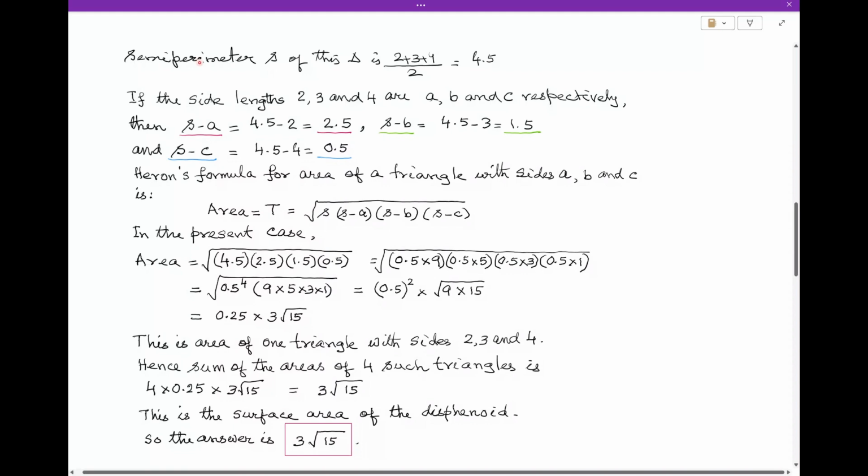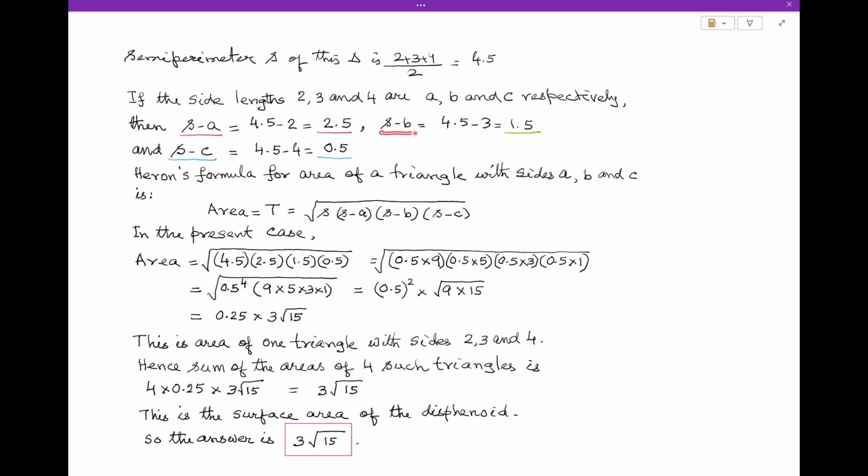The semi-perimeter S of this triangle is 2 plus 3 plus 4 divided by 2, that is the sum of the three sides divided by 2, and that is equal to 9 by 2 or 4.5. Now, if we denote the side lengths 2, 3 and 4 as A, B and C respectively, then S minus A is equal to 4.5 minus 2, that is 2.5.